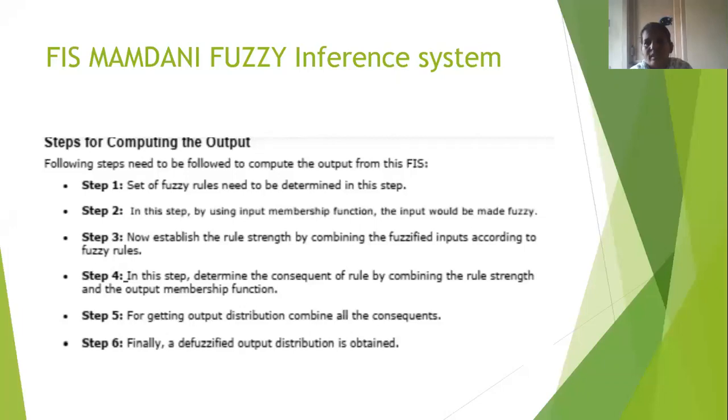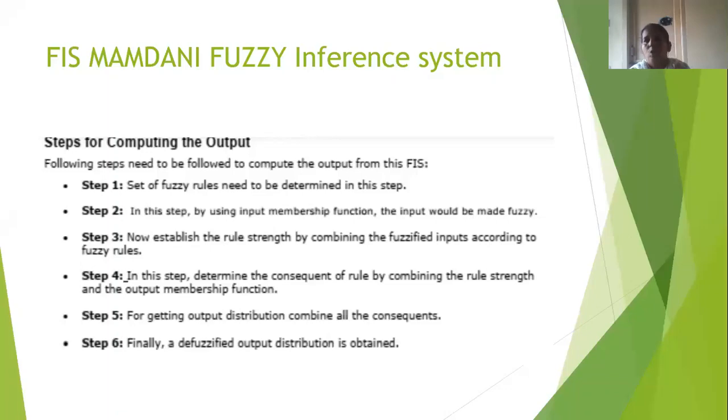Fourth step, determine the consequent of rule by combining rule strength and output membership function. Fifth step, for getting output distribution, combine all the consequence. Finally, defuzzified output distribution is obtained. Okay, these are the steps in the Mamdani fuzzy inference system.